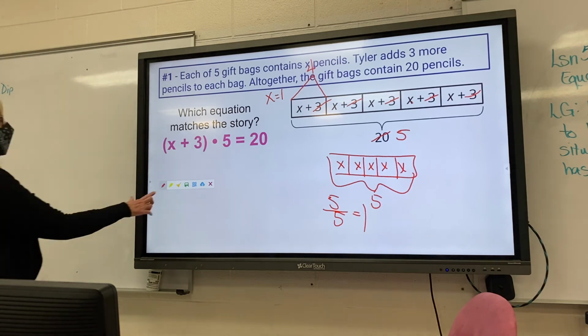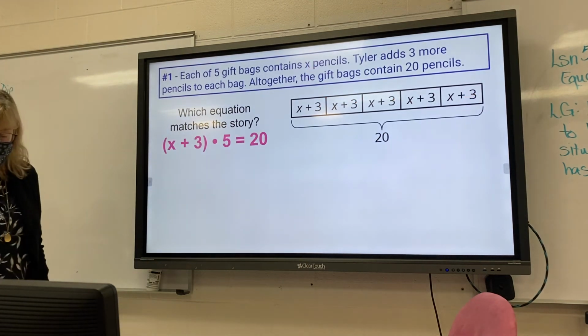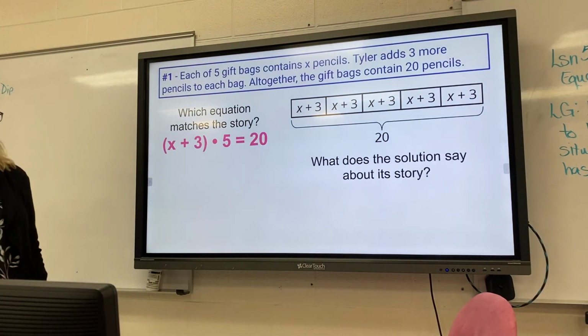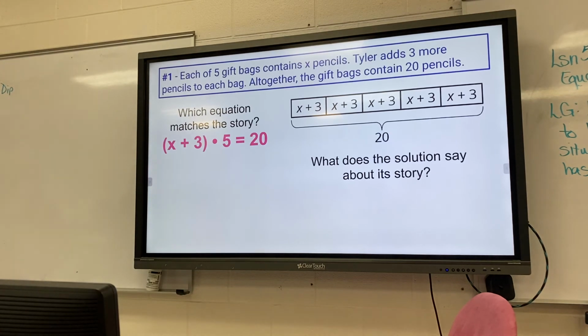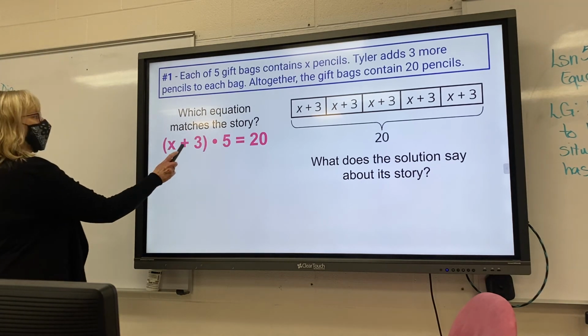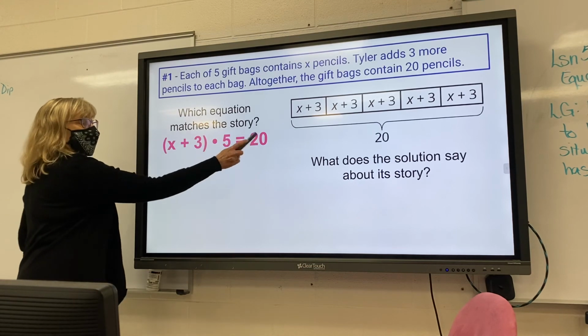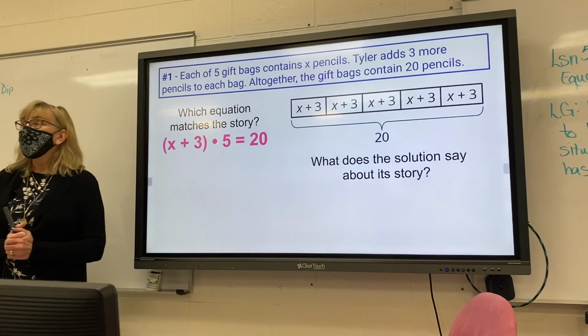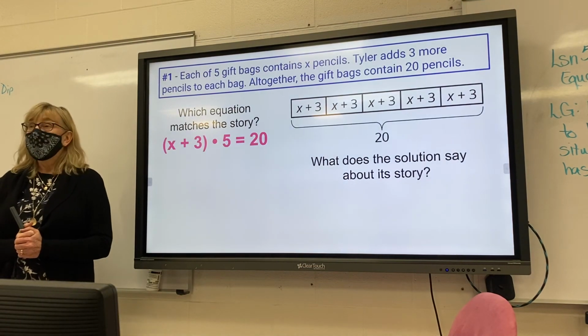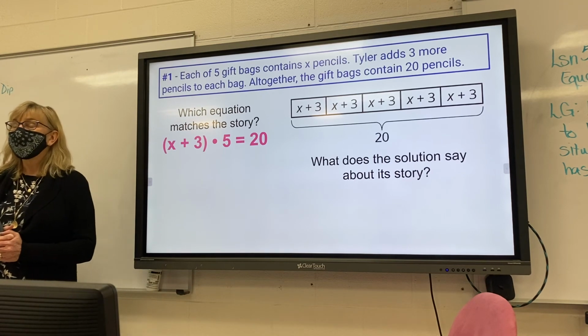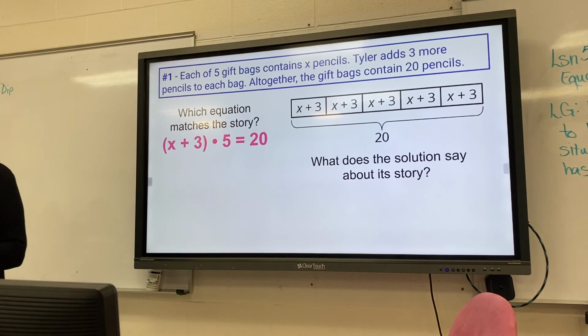Now, what does that 1 mean in this story? What does the solution 1, which makes this equation true, mean? 1 plus 3 is 4, 4 times 5 is 20. Before he put in the extra 3 pencils, there was 1 pencil in each bag.